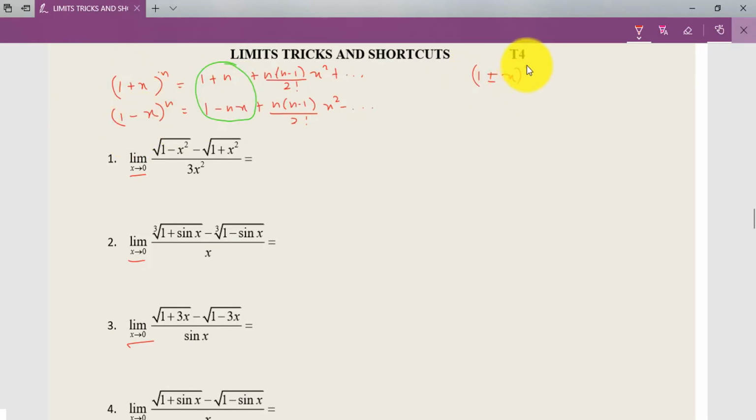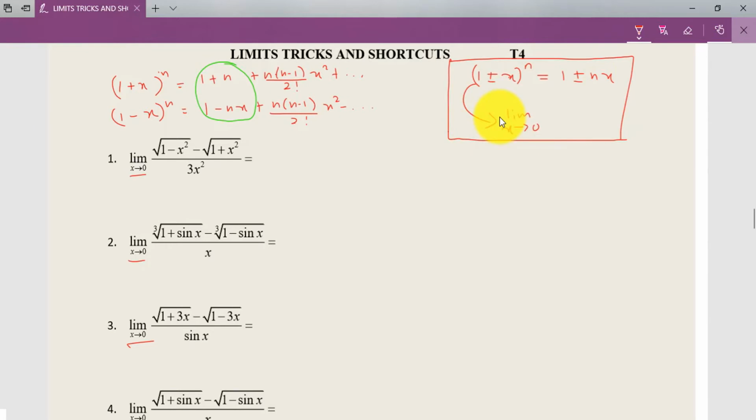Whenever you have this type of expansion, you can write it directly as 1 plus or minus nx, provided the limit always tends to 0. If you understand only this, it is more than enough.